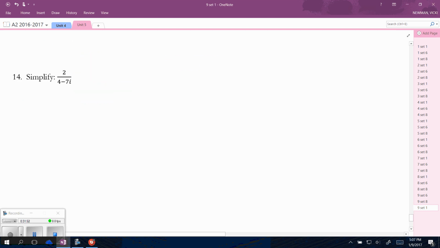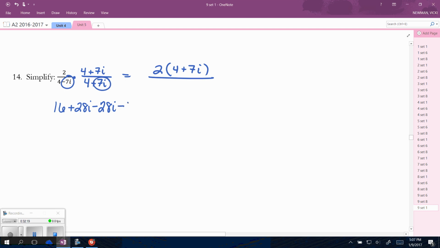Number 14. Again, you multiply by the conjugate. 4 plus 7i over 4 plus 7i. I'm going to leave the 2 factored out. If it was a binomial times a binomial, I would multiply it through, but it's not. So in the bottom, I get 16 plus 28i minus 28i minus 49i squared. We know the middle terms cancel.